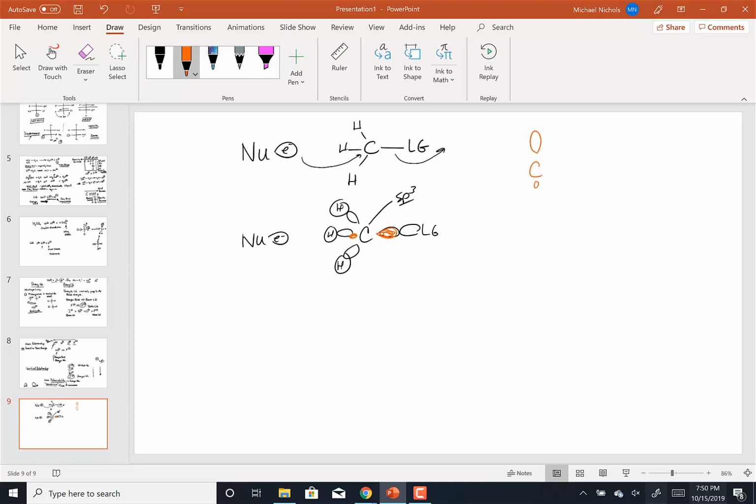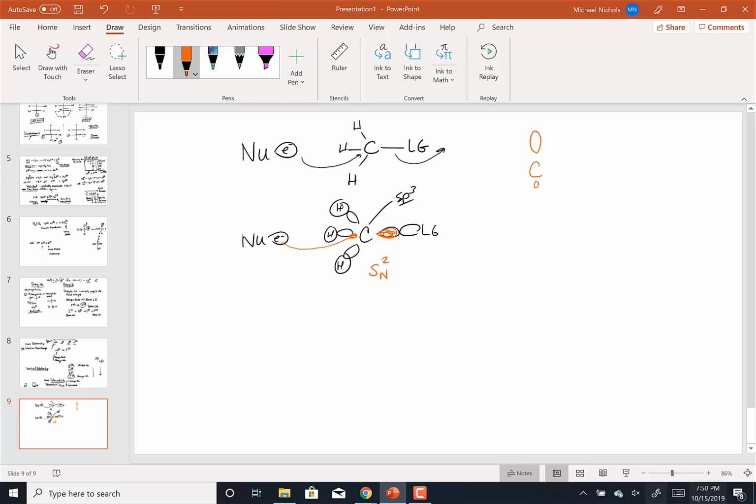And so when the nucleophile comes in, it overlaps its orbital with the lone pairs with that little teeny tiny lobe, and then it forms the sigma bond that way. Okay, and that's the backside attack in an Sn2 reaction. That's how the nucleophile attacks from the backside.